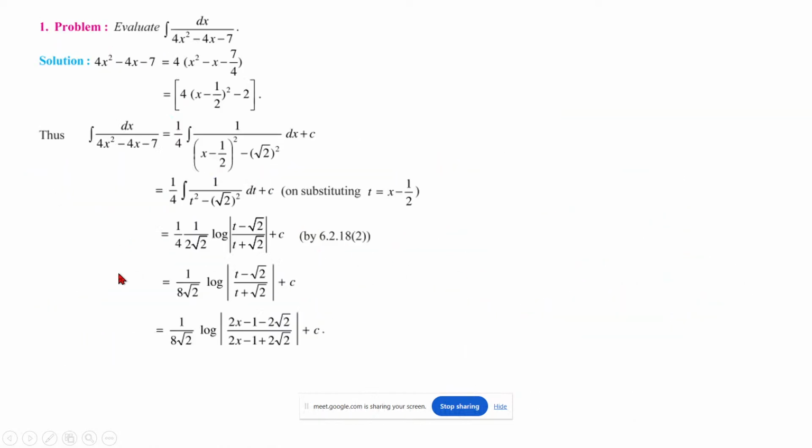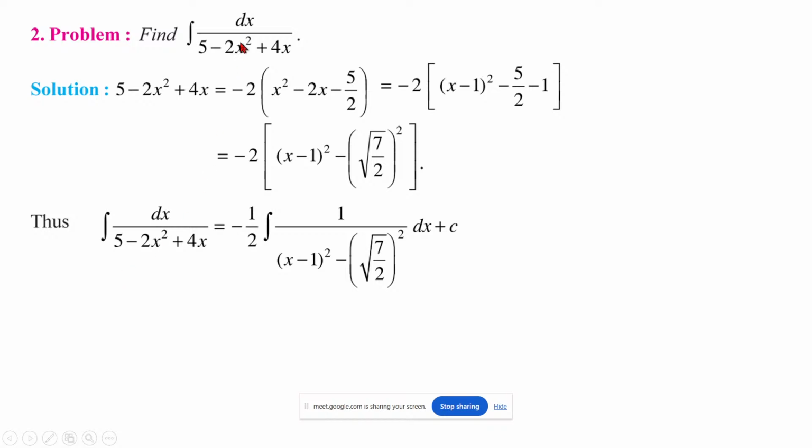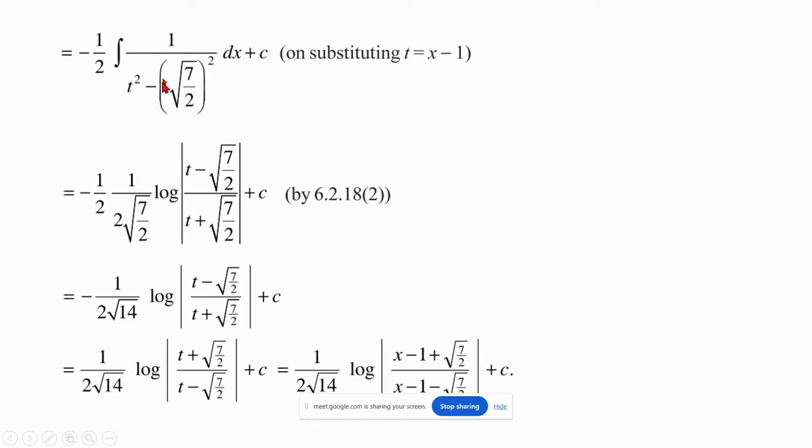For example, here a is negative. What you do? You remove that a outside. Again you convert it into something square minus something else square. This is in the form of x square minus a square again, and partial fractions you did.